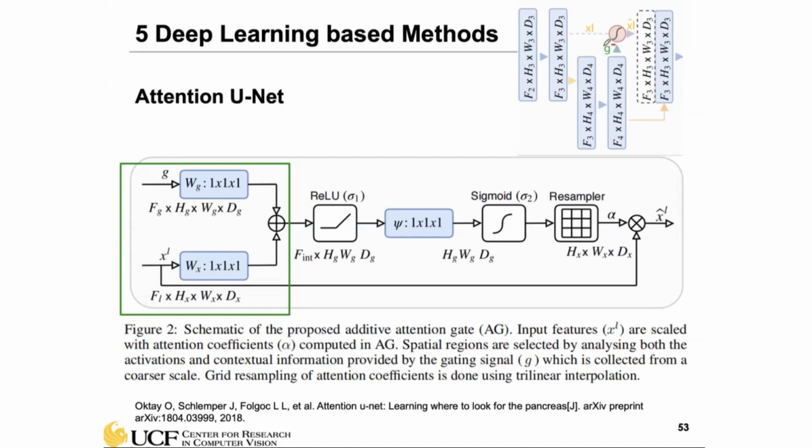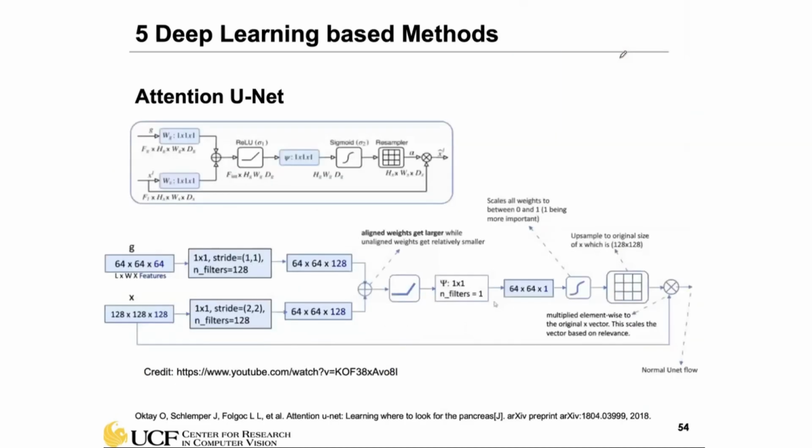The G is the feature map from the decoder. Before we talk about the attention unit, the unit simply concatenates them together. Here, with the attention unit, this XL from the encoder needs to go to this attention gate to weigh those pixels in this feature map and combine with the decoder feature. So that's the XLG.